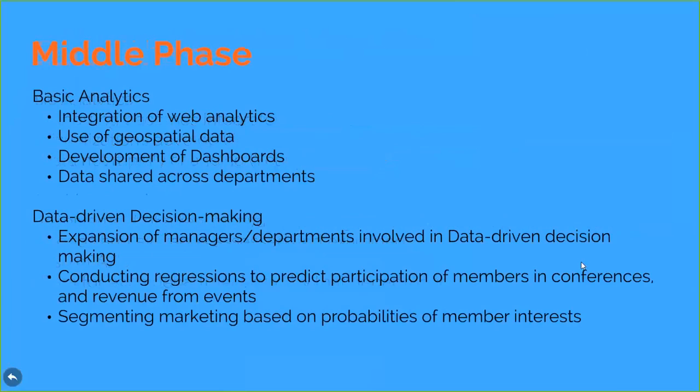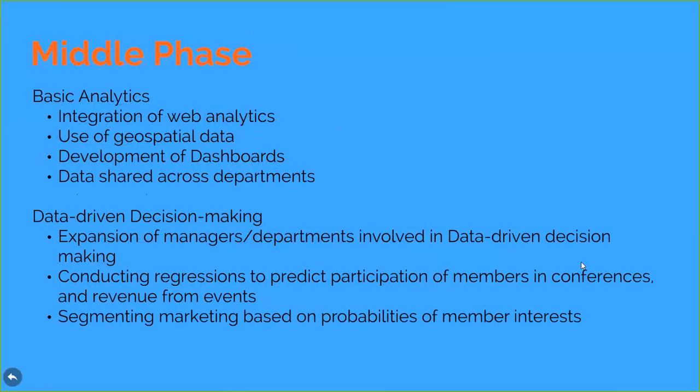The middle phase adds some complexity. The organization starts to integrate web analytics, use geospatial data, develop dashboards, and share data across some departments. The number of managers and departments involved in data-driven decision-making grows.